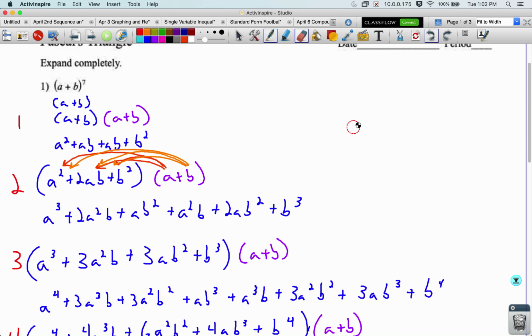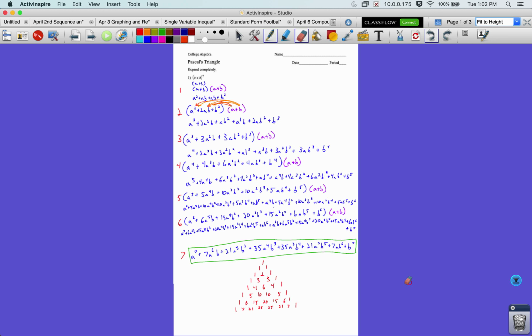So I'll post this whole thing if you want to look at it, inspect it for all those patterns a little bit more.